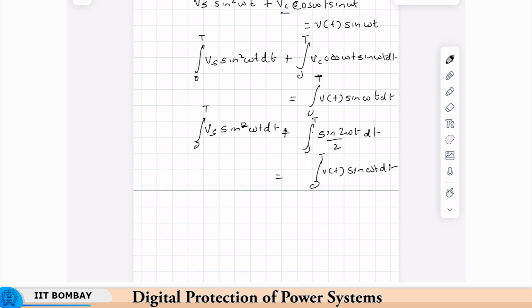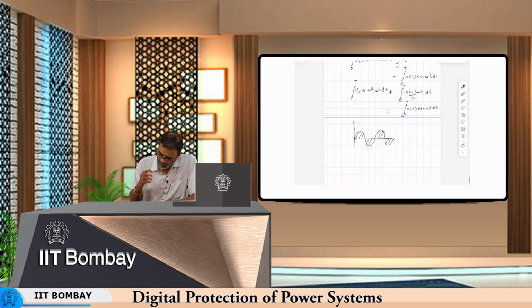So, what is the integral of sin 2 omega t over the time period T? T is the full cycle. This is a double frequency over a time period T. So, what is the average value, or what is the area here? It will be 0.